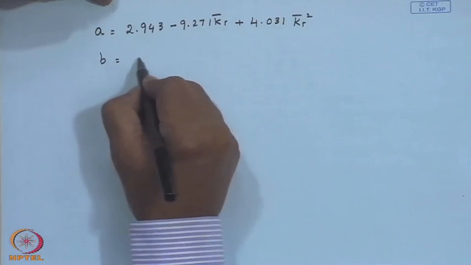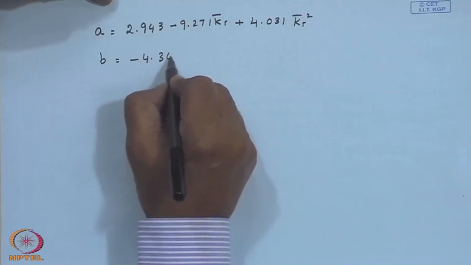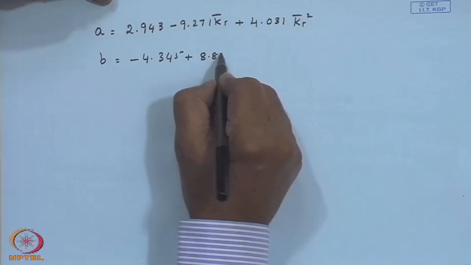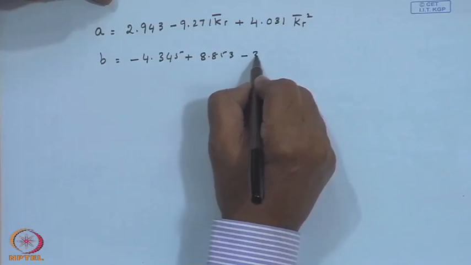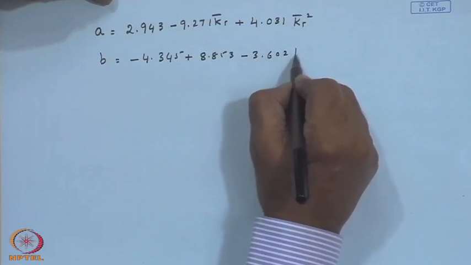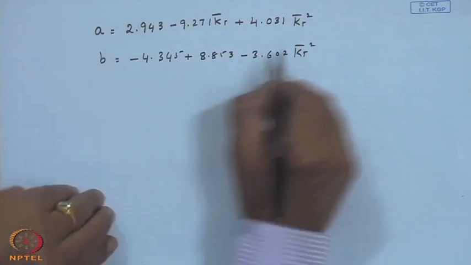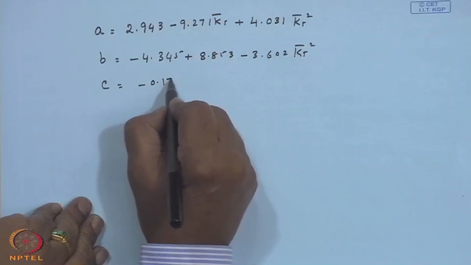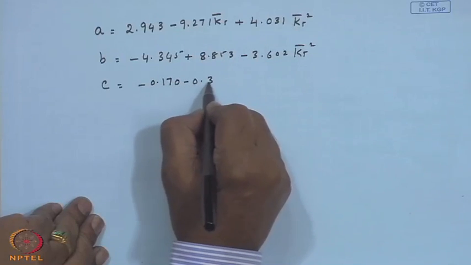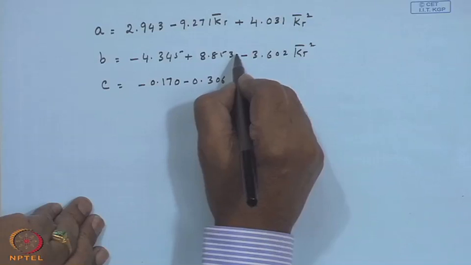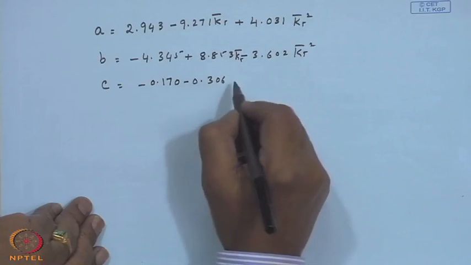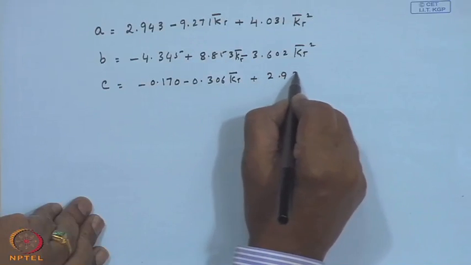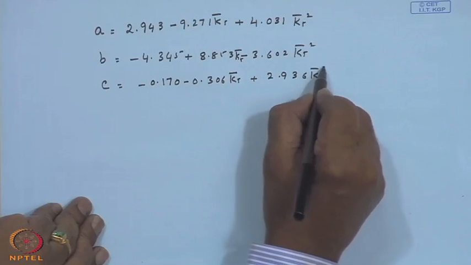B is minus 4.345 plus 8.853 k t bar minus 3.602 k t bar squared, and the constant C is minus 170 minus 0.306 k t bar plus 2.936 k t bar squared.